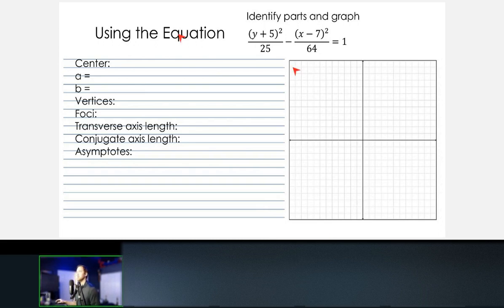All right, everyone. Let's work on this one together because we actually may only get through one example, but let's try to get through two. What is the center for this hyperbola? Don't forget your parentheses. It does matter.